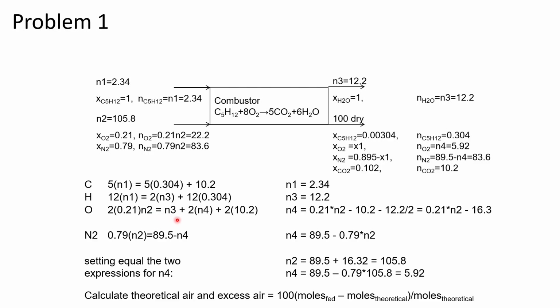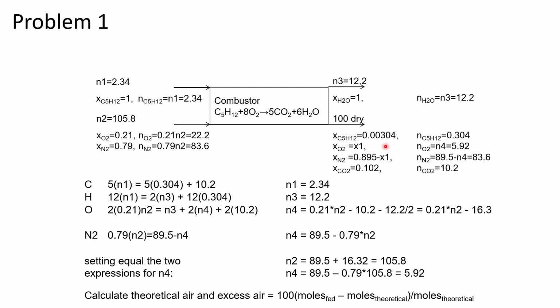We're going to set that equal to what comes out. So we look over here, the top stream, the water comes out. There is 1 oxygen atom per water molecule. So we're going to have 1 times the water flow rate, which we said was N3. We do know N3 is 12.2. I'm not going to plug that in right now. So let's add to it any oxygen flow that's associated with the dry gas here. There's no oxygen associated with the pentane.